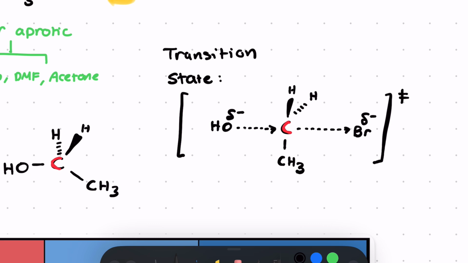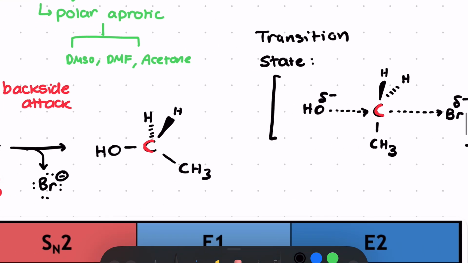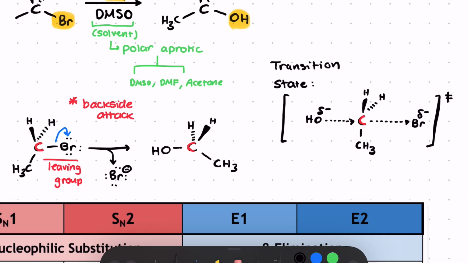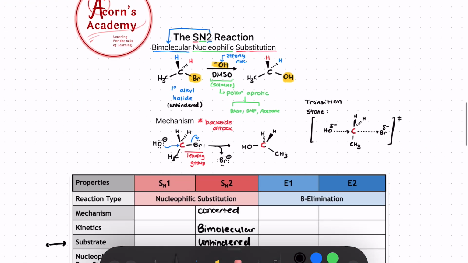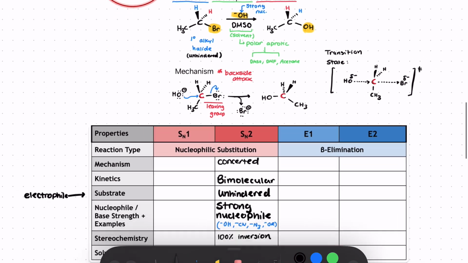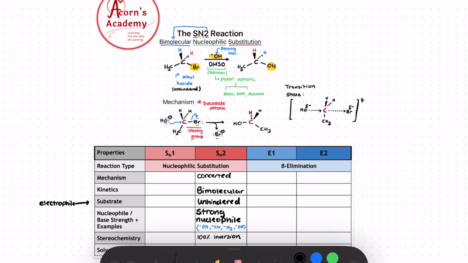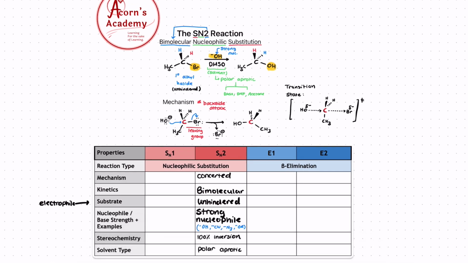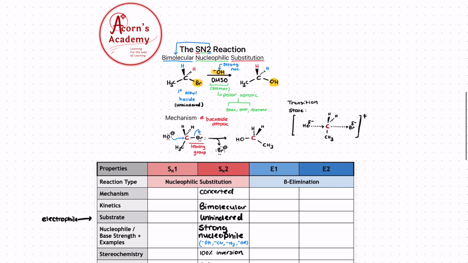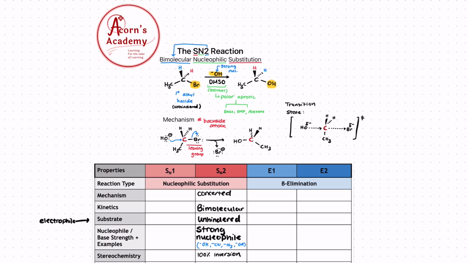So this is kind of showing this one step in slow motion. All right. So I think that just about covers everything that I wanted to talk about preliminarily for the SN2 reaction. So next up, we're going to move on to the SN1 reaction. Thank you for watching.